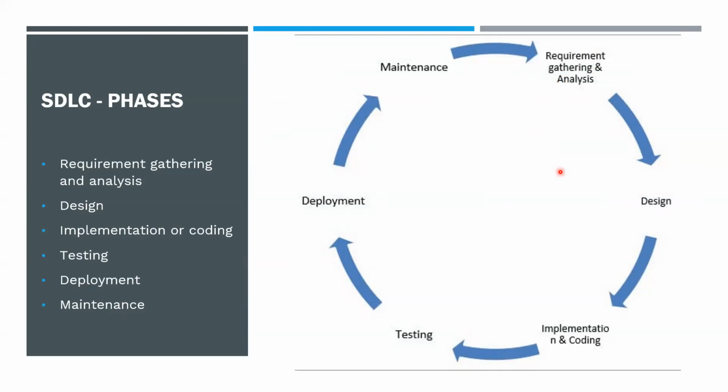But the requirement gathering and analysis is basically a product owner, who gets all of the specifications, all the requirements from the business person, right? The big boss who wants this product, the client who wants the product per se.